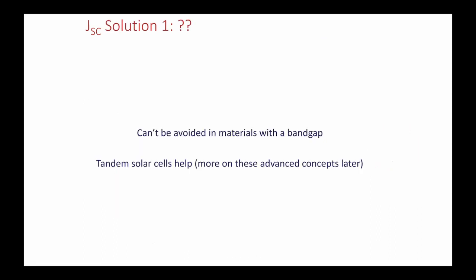So what is the solution? This cannot be avoided in materials with a given band gap. If we are using silicon only, that we have already made up our mind to use, then we cannot help it.